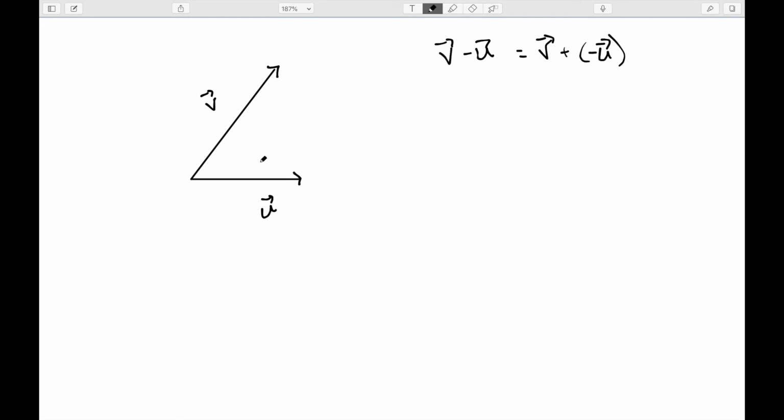So first I need to take this u vector and move it to the opposite direction. So here I have negative u. And from there I can draw out my parallelogram. And then I can take the diagonal of that parallelogram, this one here, and this would be v minus u.